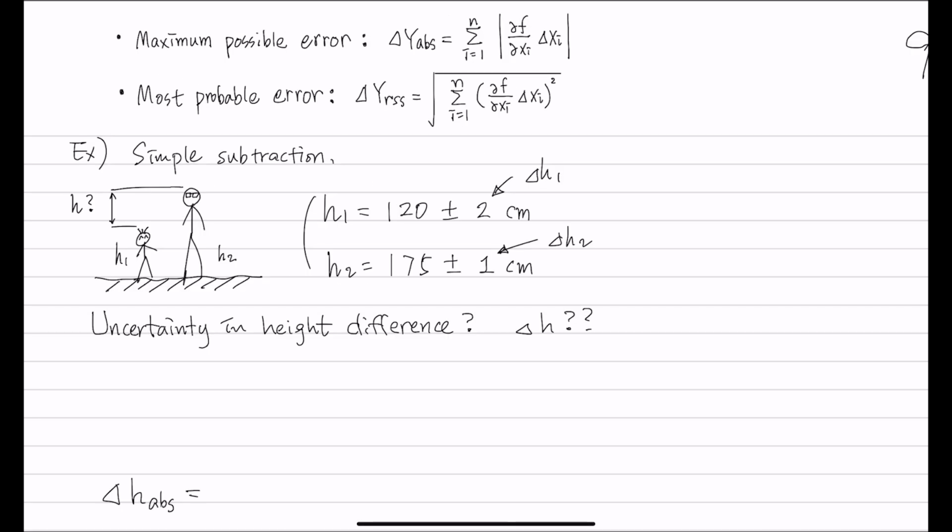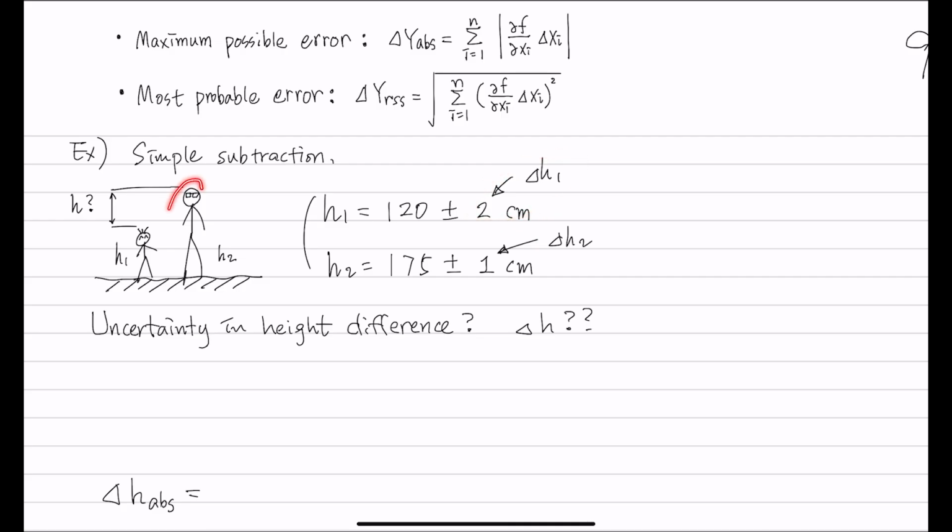There's this case here where you would like to find out the difference of the height for some reason. So the height of this little person is obtained like that. It's 120 centimeter plus and minus 2, and this is the uncertainty.